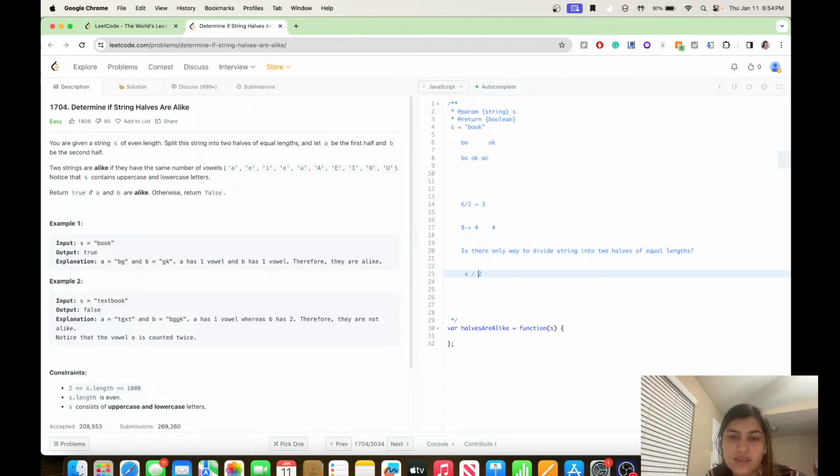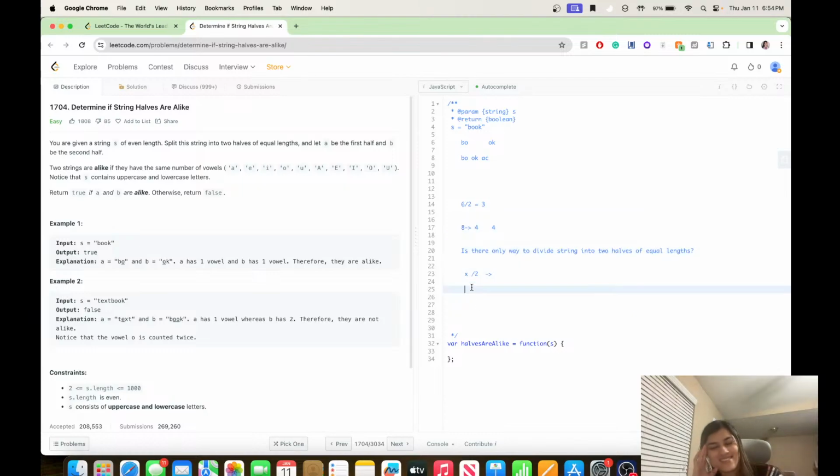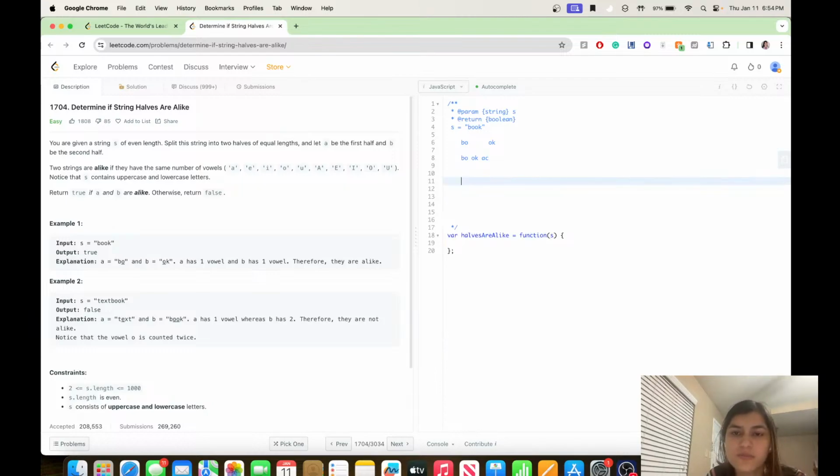Suppose x is the string length, then whatever x divided by 2 is, that is my half. What are the other ways to divide into two halves of equal length? No, there is only one way. Silly question. Because there is only one midpoint in a string. There cannot be different midpoints. There will be one half on each side of the midpoint, so I can only divide a string into halves one way.